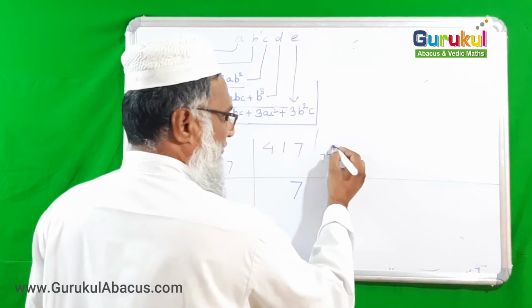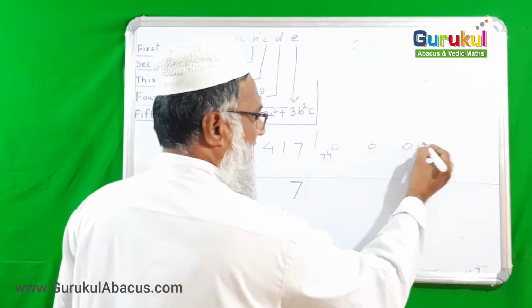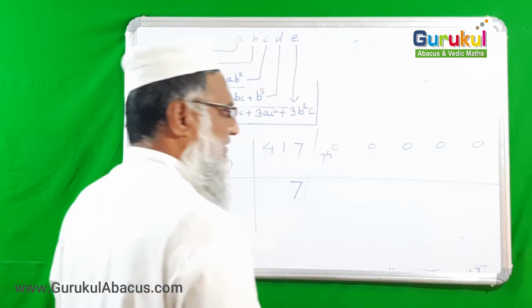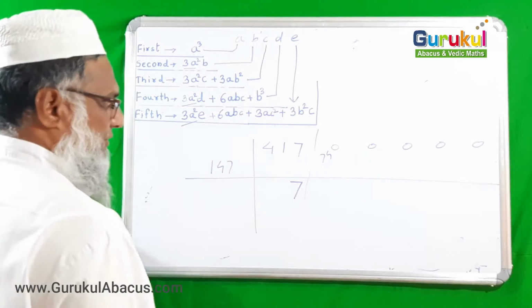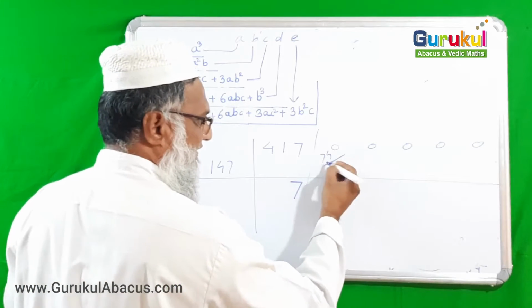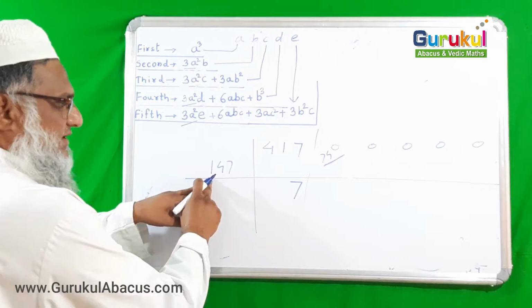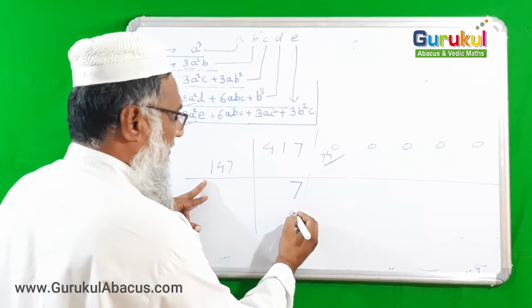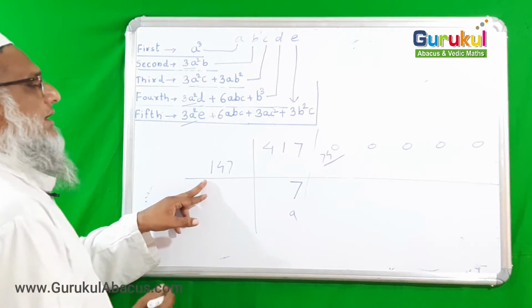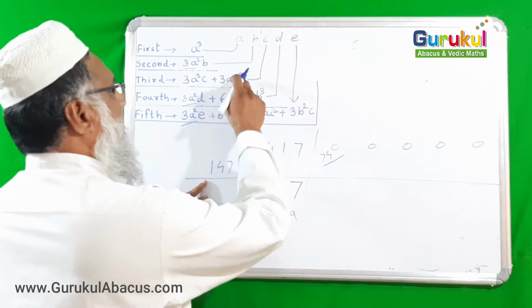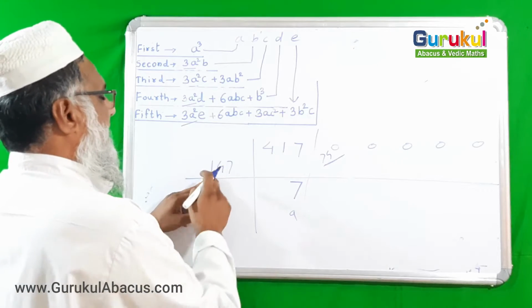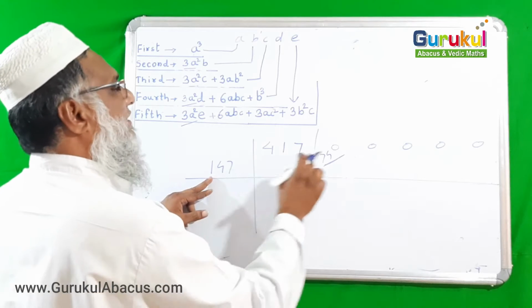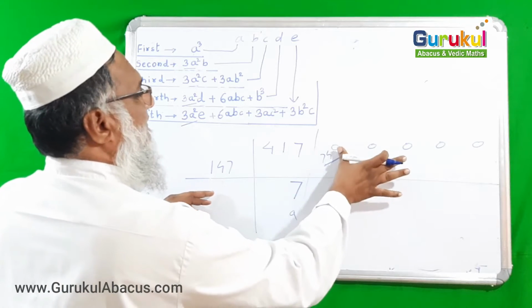Now here zeros are going to be added. I have just added here 0, and now we are solving. Now here is 740 with us and divisor is 147. Here we have got 1 as a, and now further we are trying for b. So 147 divided, hiding one digit.